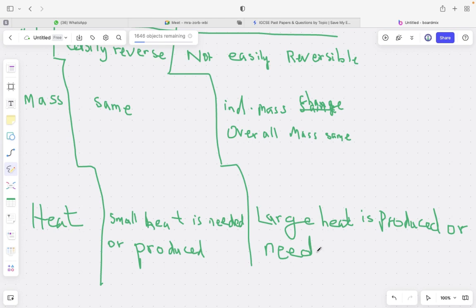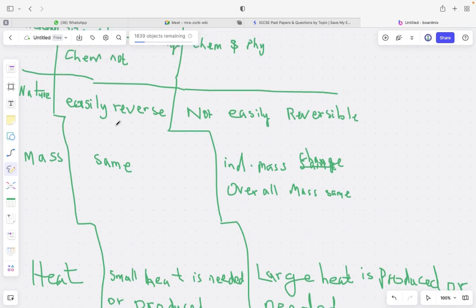So anytime there is a chemical change, a very large amount of heat is produced or needed. These are the 5 subheadings for comparing physical change and chemical change.